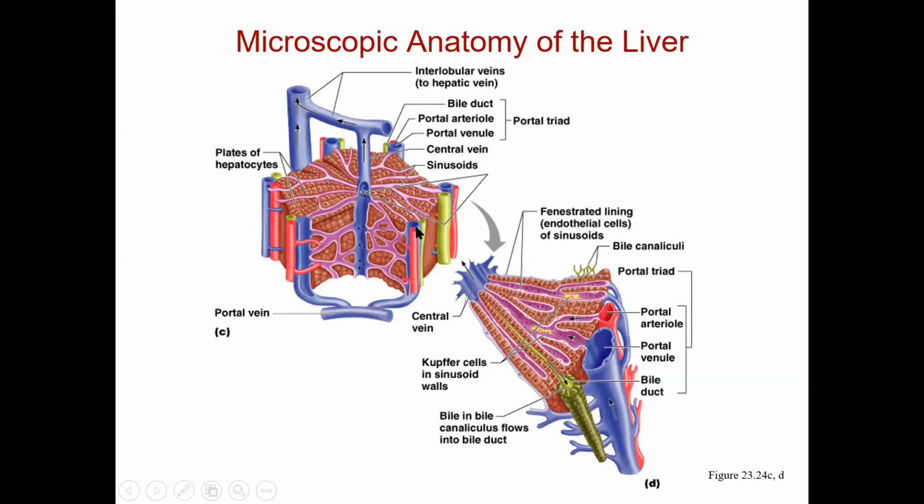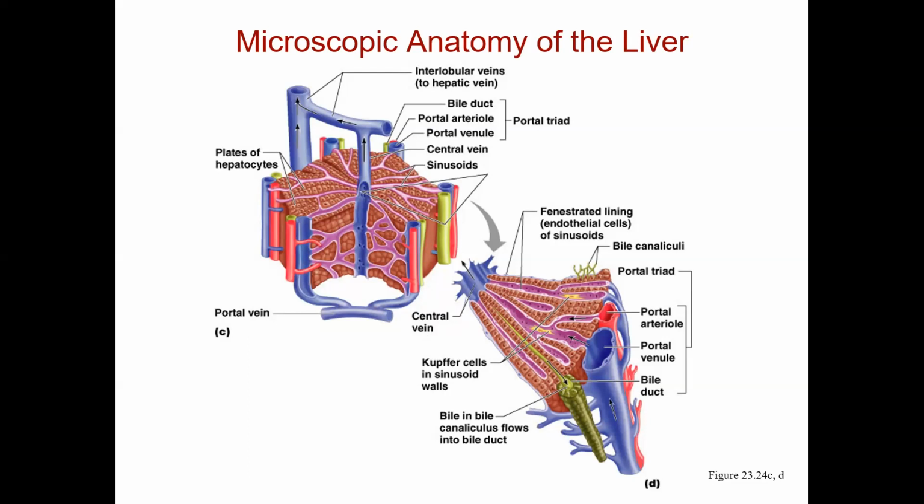Basically it has a very small vein, a very small artery, and then a bile duct over here. That's the triad. And sometimes you have a lymphatic vessel as well, so that would make it four, right? So at least the three for sure. And then in the middle here, this big vessel is called the central vein.